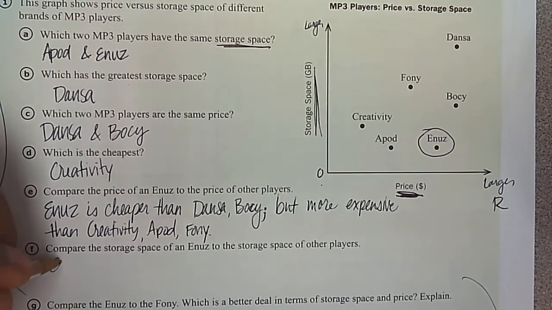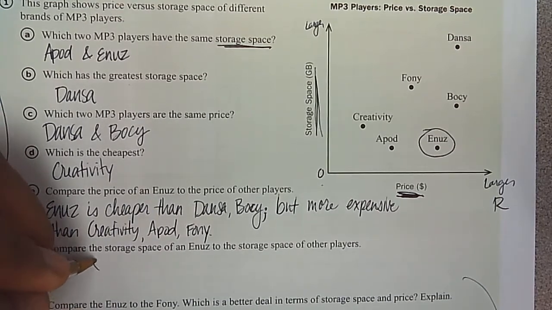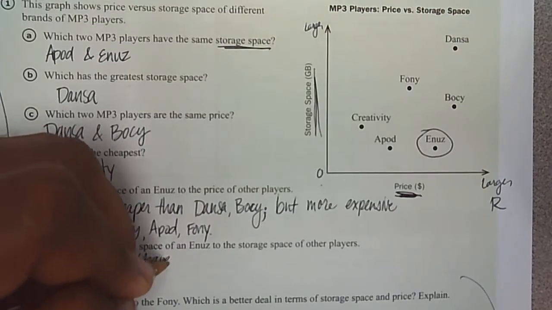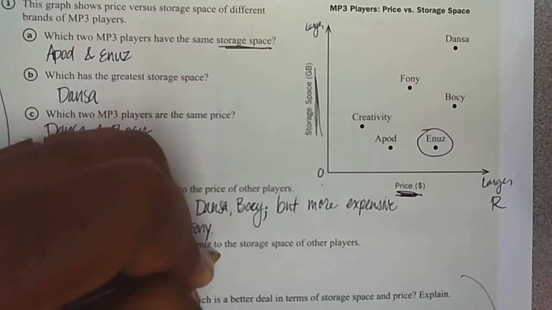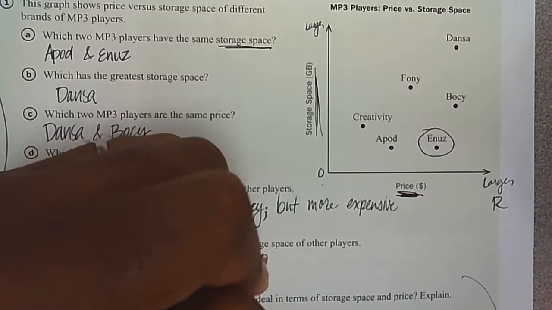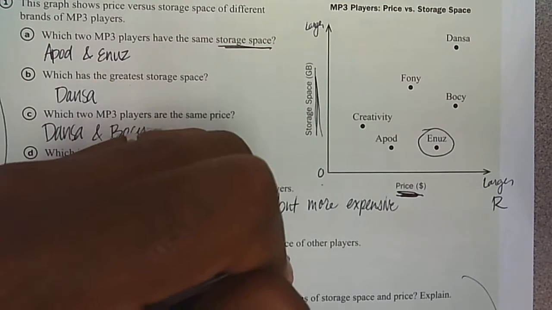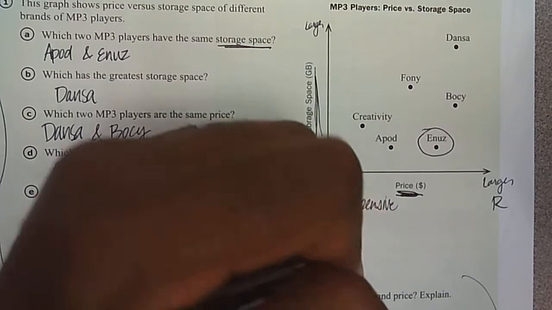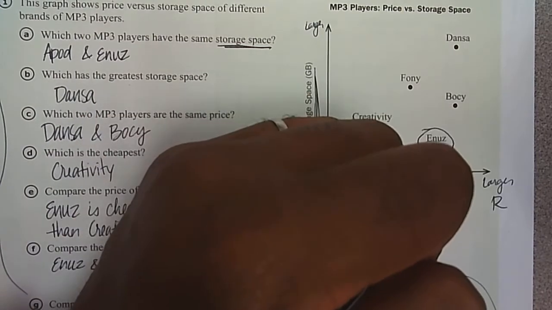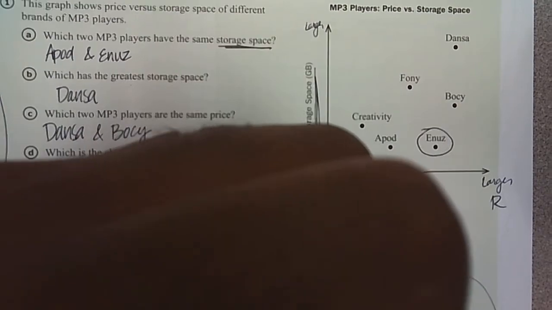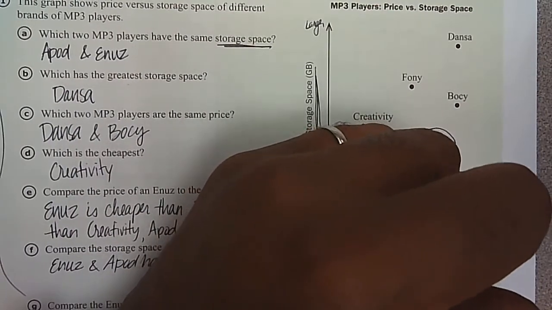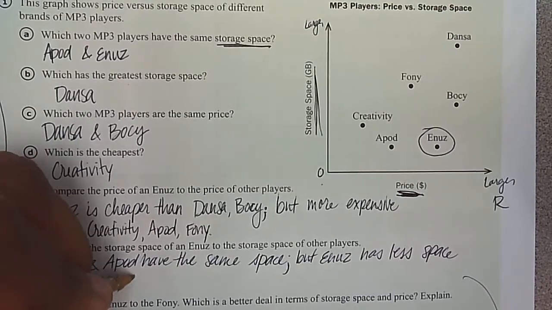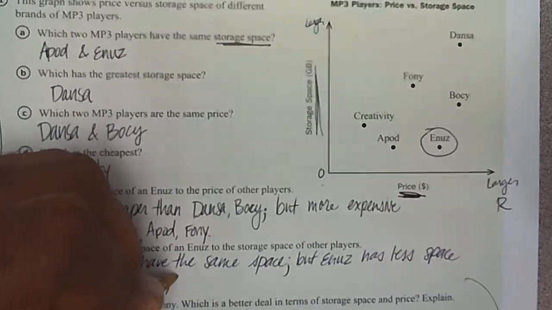So eNoise and iPod have the same space, but eNoise has less space than all the others.